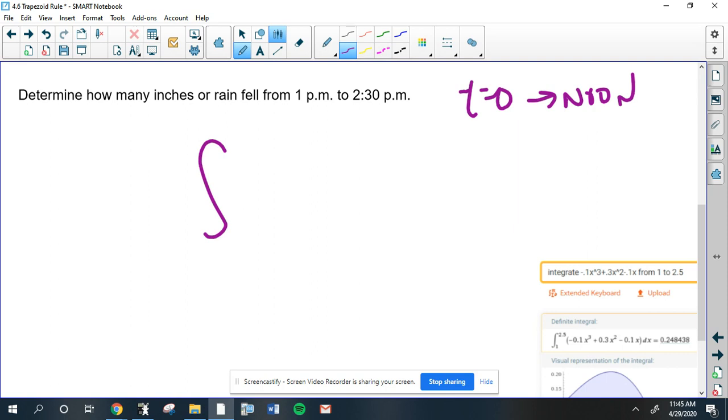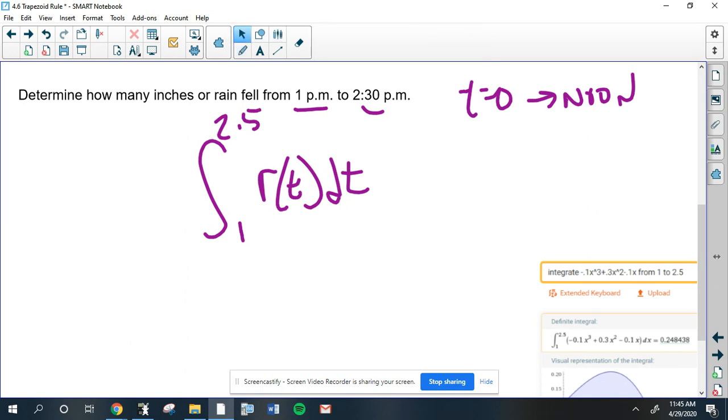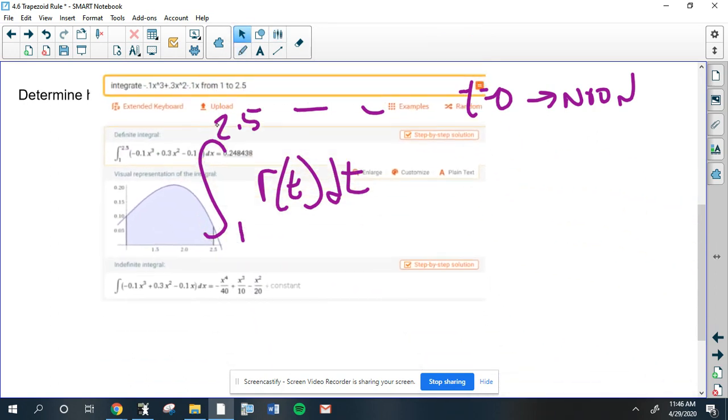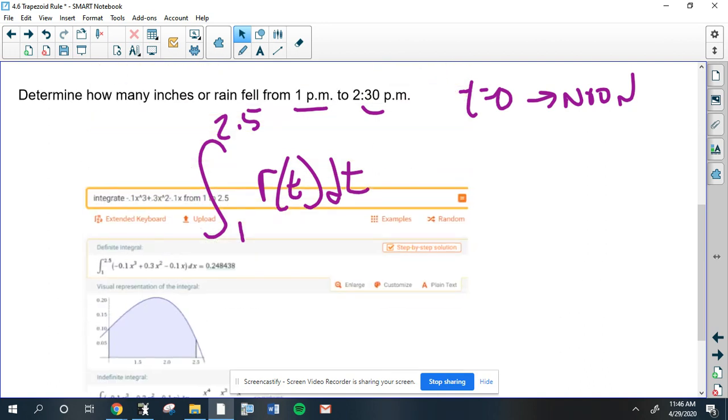So we'll integrate that function, but we want to accumulate the total from 1. So if t equals 0 means noon, then we go from t equals 1 to 2:30. So 2 o'clock would be 2, 2:30 would be 2.5. There you go. Do that with your graphing calculator, or if you don't have a graphing calculator, you just type it into Wolfram Alpha, just like this.